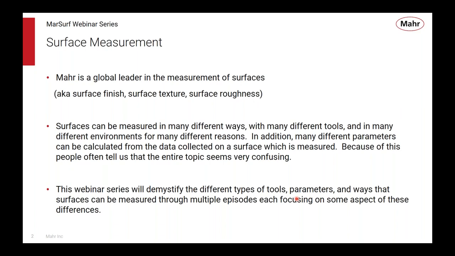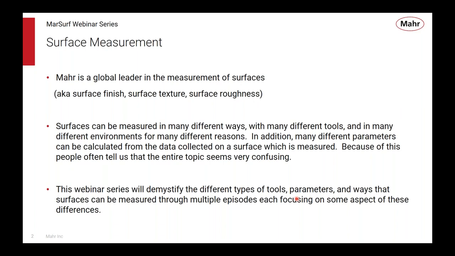Some people don't like the term surface roughness because you're not intentionally making the surface rough. You're trying to make it with a defined texture or defined finish, so it has a certain functional characteristic. And so many people choose words like surface texture rather than surface roughness, but all of them are sort of interchangeable.